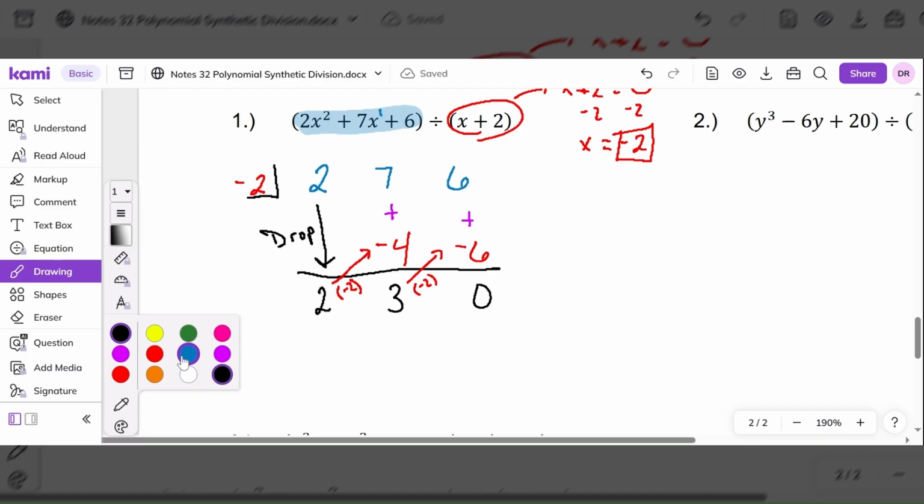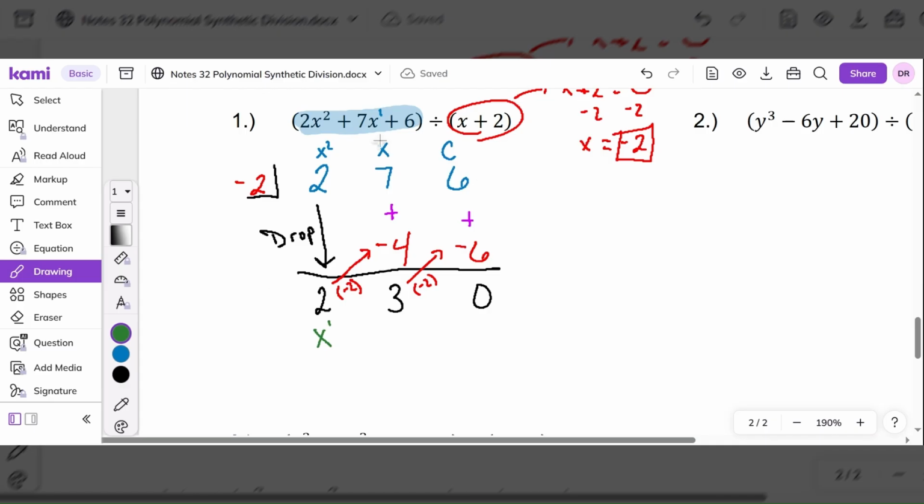You started with the original polynomial that was 2x squared, and then a plus 7x, and then the constant term 6 at the end, the number without a letter. When we divide, dividing creates smaller values. So when we divide, the exponent decreases. So in this first spot up here, we had x squared. But since we divided this, it's dropping from x squared down to x to the first.